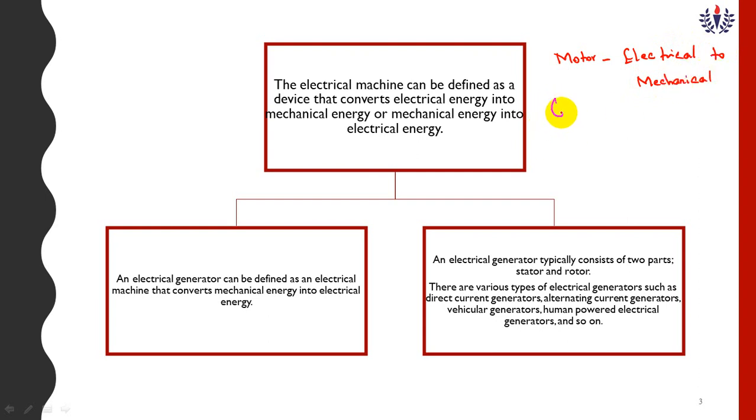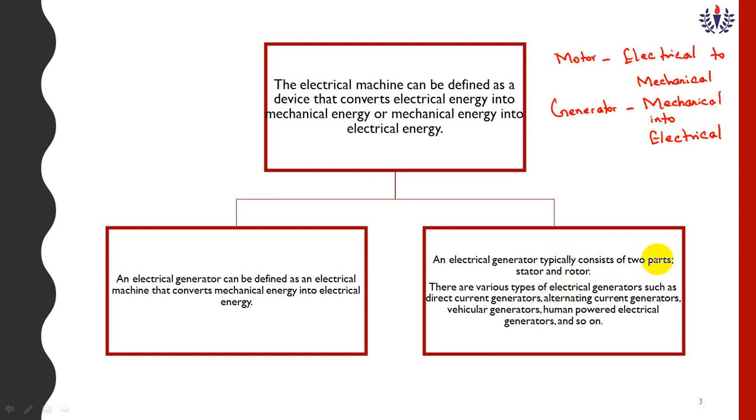But the generator will convert mechanical into electrical energy. So this is called an electrical generator, which has two parts, stator and rotor.